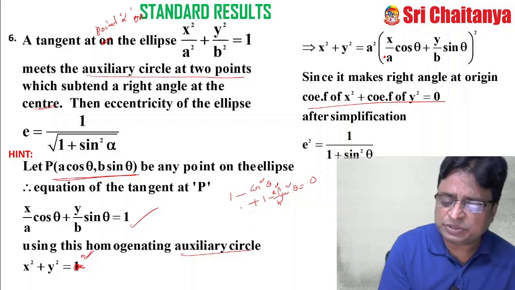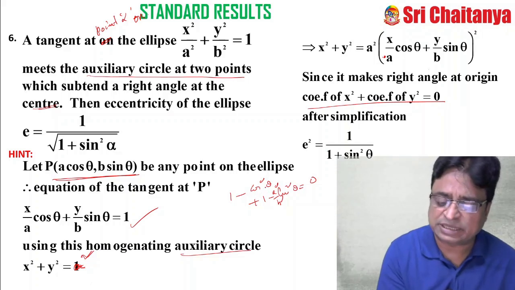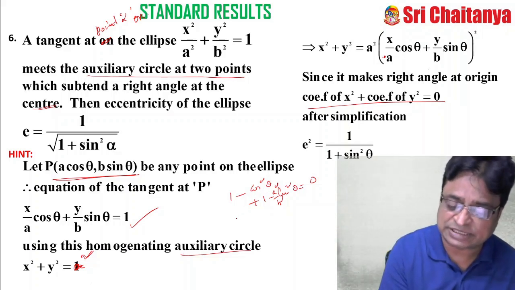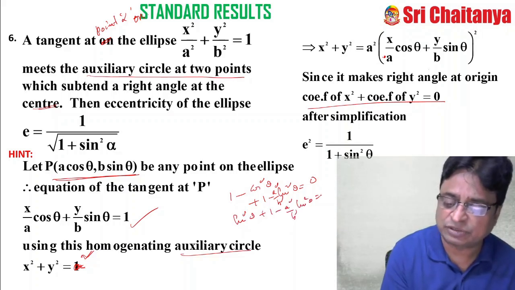Then you simplify this and replace cos square theta by 1 minus sine square theta, so it is again sine square theta plus 1 minus a square by b square into sine square theta equal to 0.